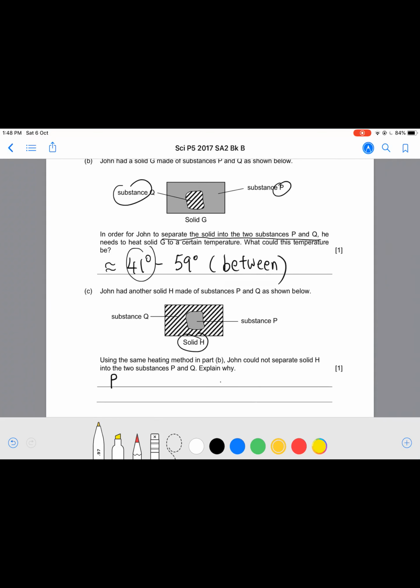But what happened is that Q has not. So it is still not a liquid state yet, it is still stuck together with H. That's why if you want to melt in between 41 to 59, you find that yes, P has melted, but Q hasn't melted yet because Q is supposed to melt at 60. So Q is still a solid after all. It is still stuck together with solid H. That's why it cannot be separated.